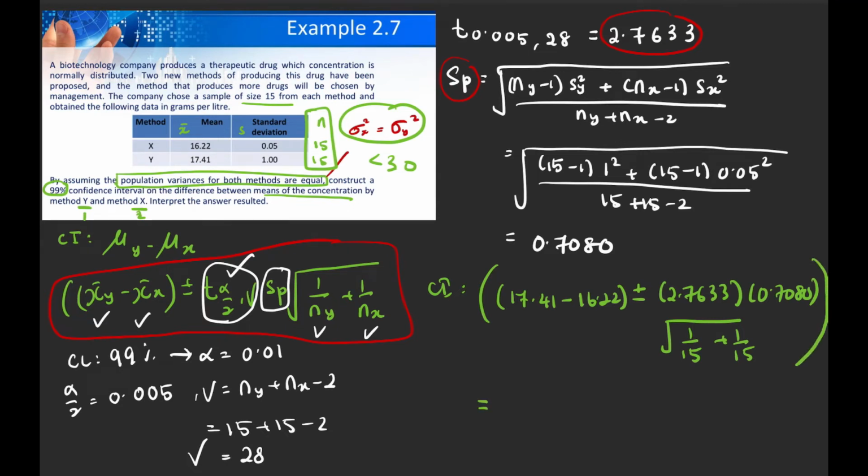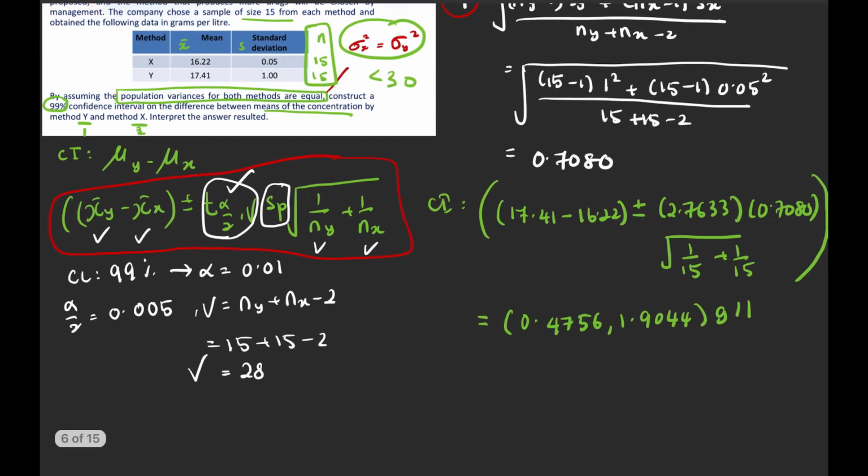You put into your calculator and then you will get the answer. Lower boundary 0.4756 and the upper boundary 1.9044 gram per liter. Then don't forget to interpret.